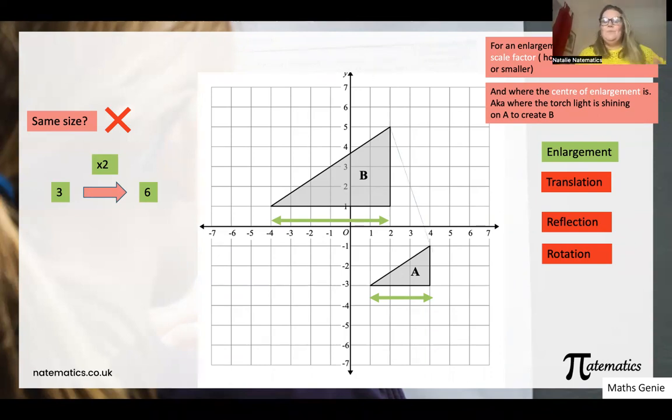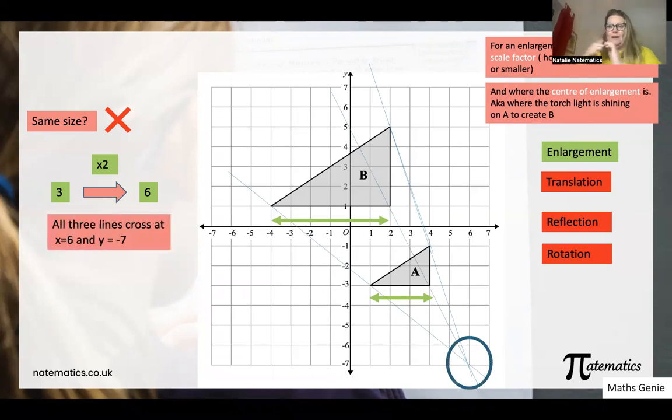So what we do is we literally join up each corner from the old shape to the new shape, and obviously continue that line on all the way past the shapes. Same again here, we've joined that bottom left-hand corner, and then we join the right angle part of the thing. And where they cross, that is your centre of enlargement.